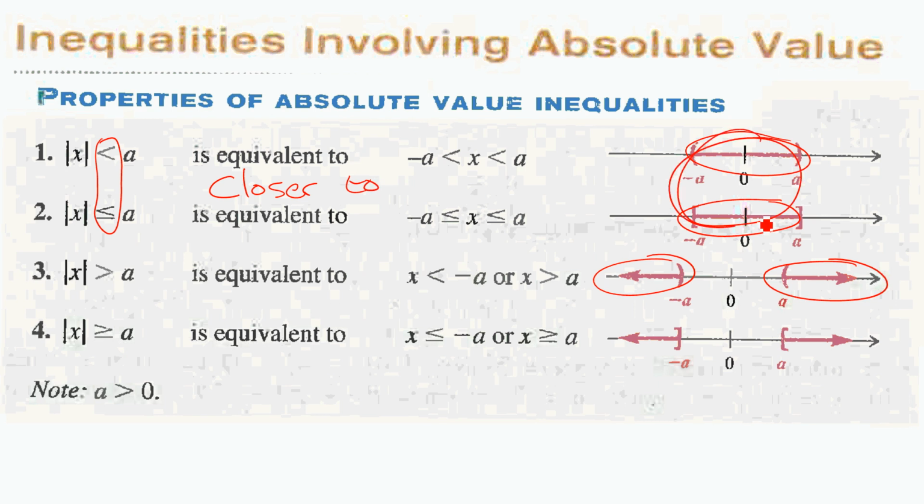We're going to shade in between. If we say greater than, then that is farther apart. If we are farther apart, we can't be in the middle. We have to be on the outsides. So if the absolute value is greater than, we're always shading the outside. If the absolute value is less than, we're shading the inside.